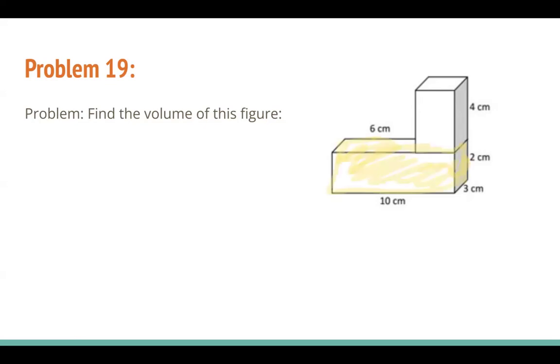So it's already kind of split for you. All you have to do is find the different dimensions for the top shape and then sum up the volumes to get the answer. So I'll let you guys try it and then I'll go over the solution.